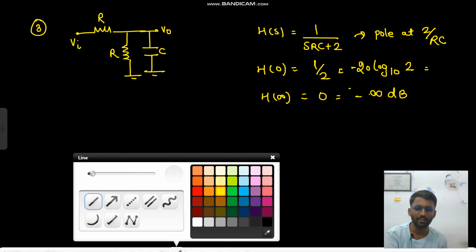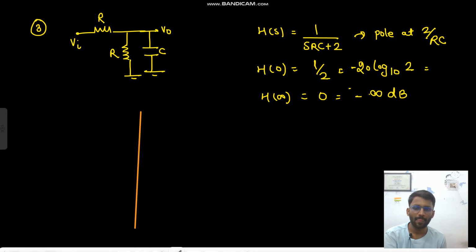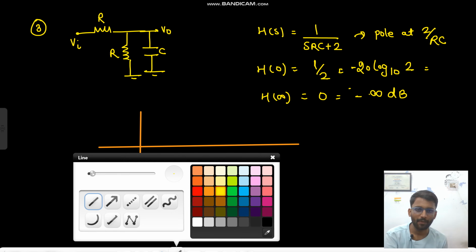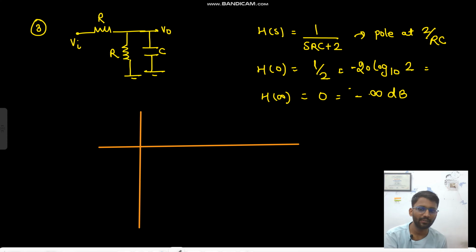Okay, drawing the Bode plot. Now we have a DC gain of minus 20 log 2.